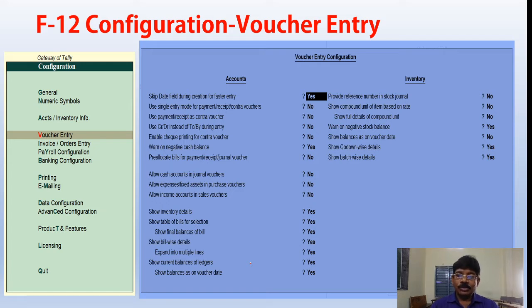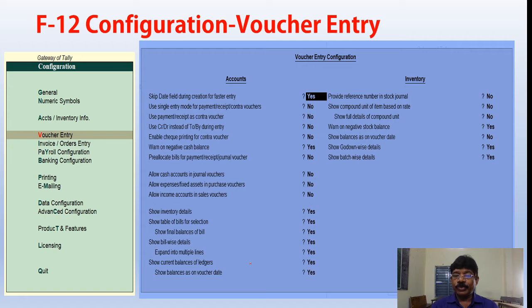When this is enabled and I am passing the voucher, it will automatically take the current date. If I say yes here, it won't ask me to enter the date. If I say no here, then it will ask me to enter the date related to the particular transaction.